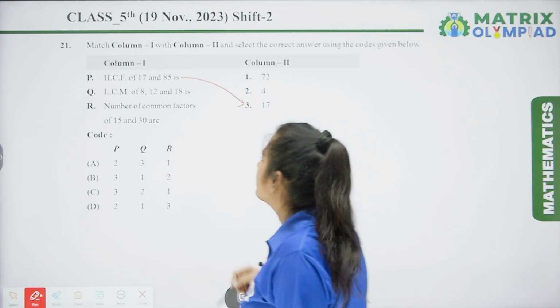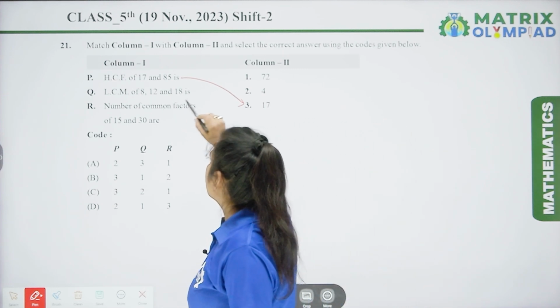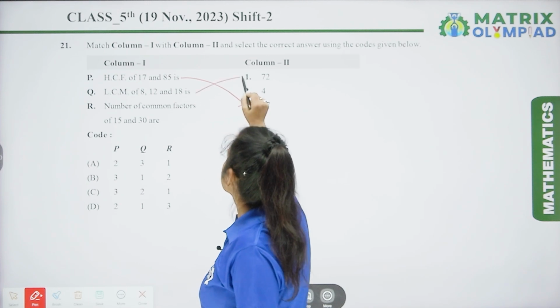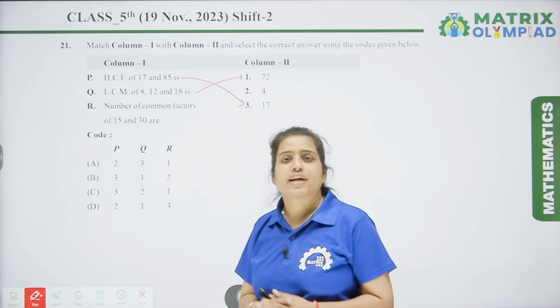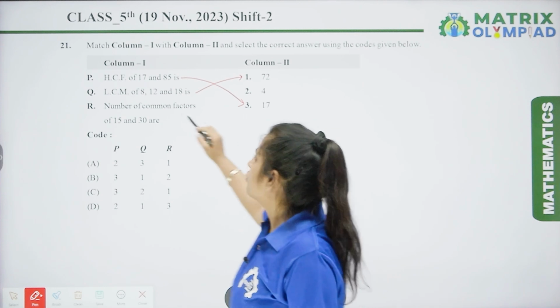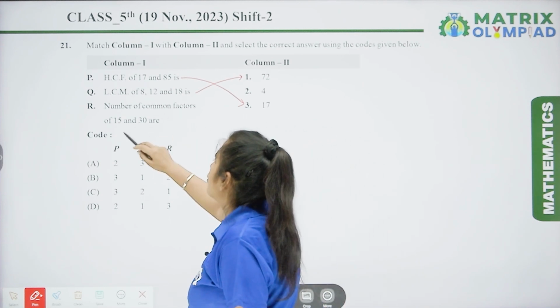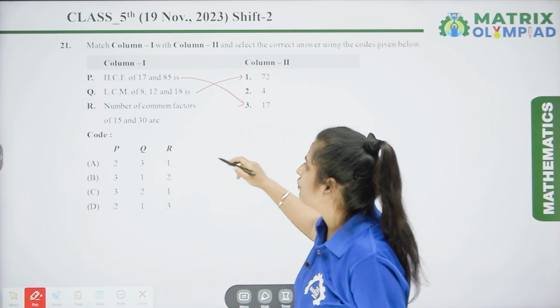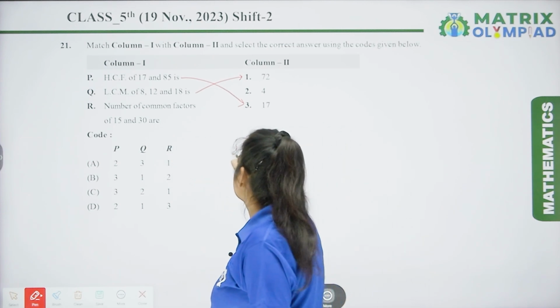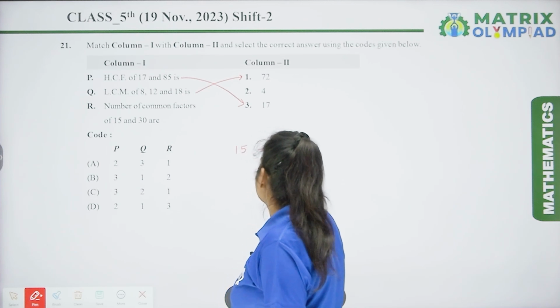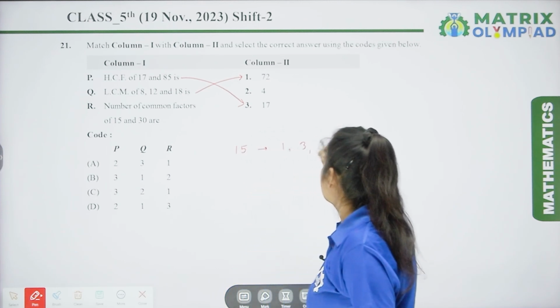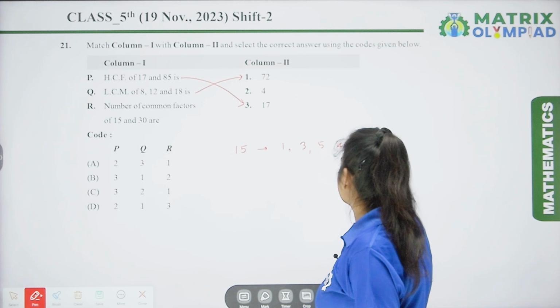The next one is the LCM of 8, 12 and 18, which is 72. Now the next part is the number of common factors of 15 and 30. Factors of 15 are 1, 3, 5 and 15.